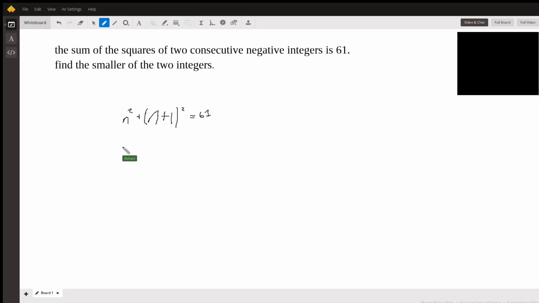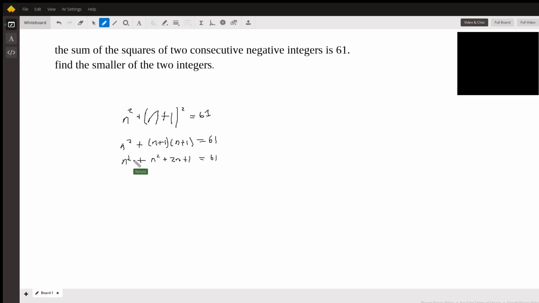Okay, so this is just n squared, and we'll square this one out. That's going to be n plus 1 times n plus 1. So I'm going to get n squared here plus another n squared plus 2n plus 1 here equals 61.